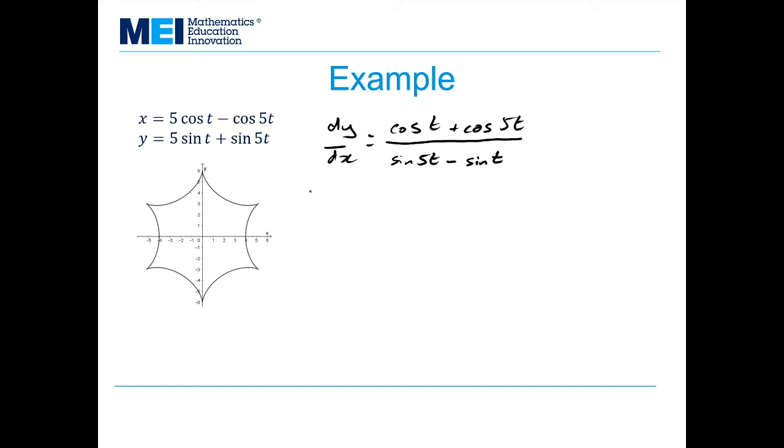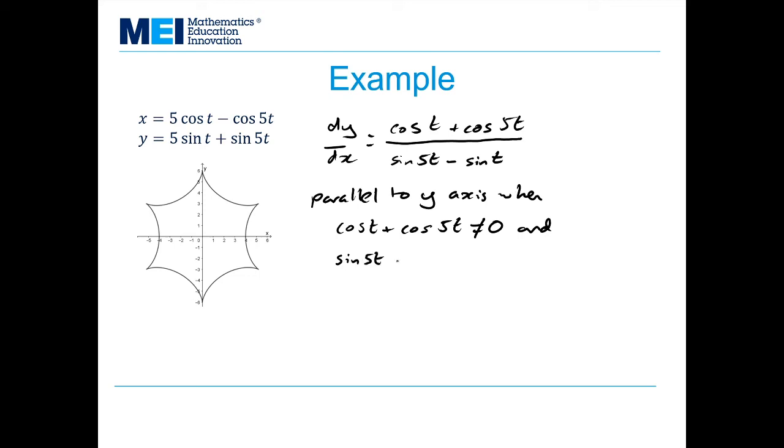And I know that the curve is parallel to the y-axis when cos t plus cos 5t is non-zero and sine 5t minus sine t is equal to 0.